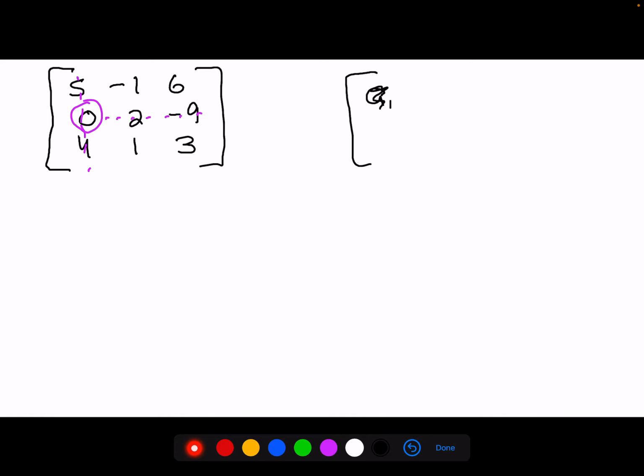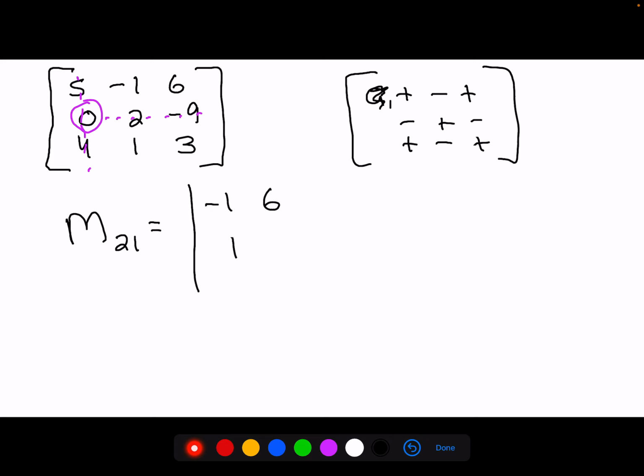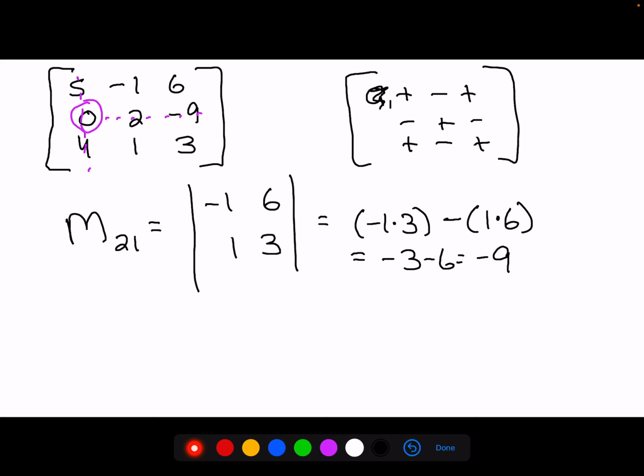Looking at my symbols again, I know I'm going to need a negative symbol in this case. So my minor of row 2, column 1 is the determinant of negative 1, 6, 1, and 3. So I'm going to have negative 1 times 3 minus 1 times 6. So negative 3 minus 6 is negative 9.